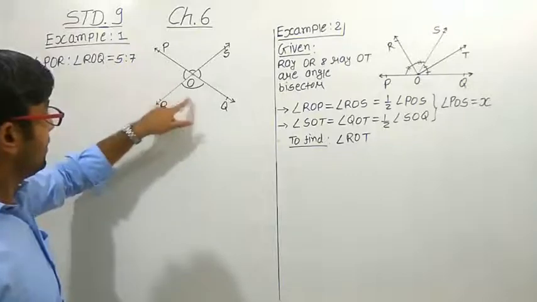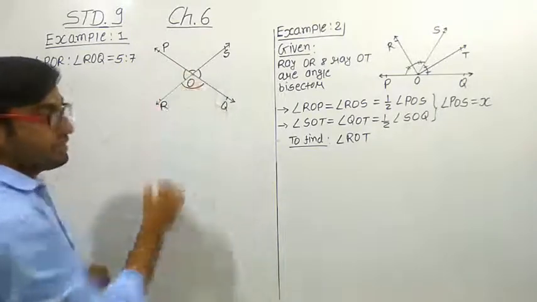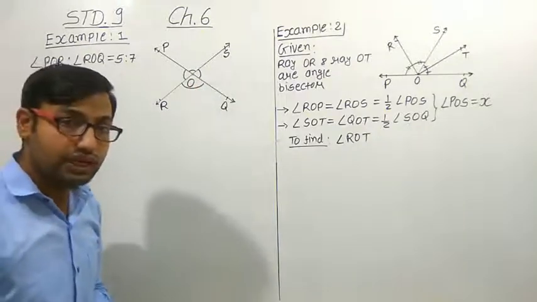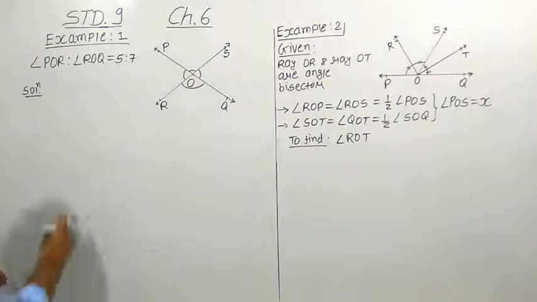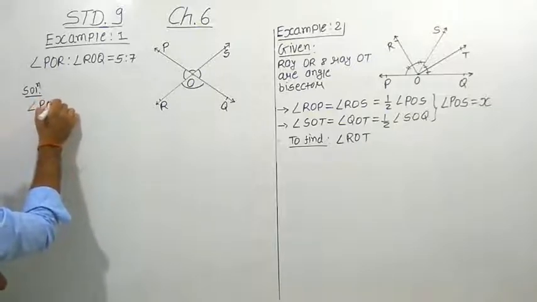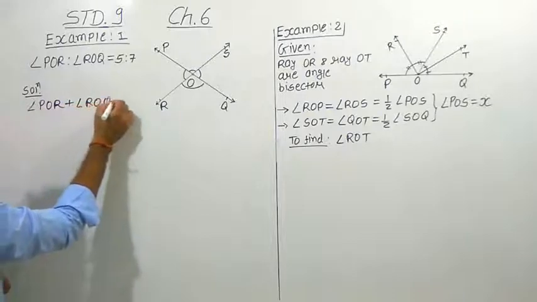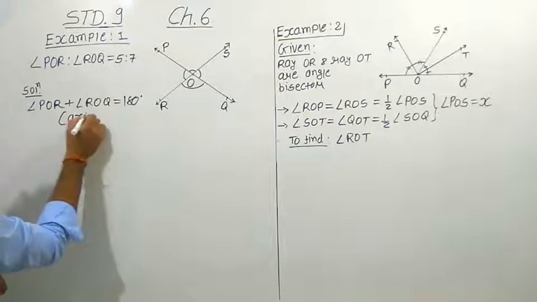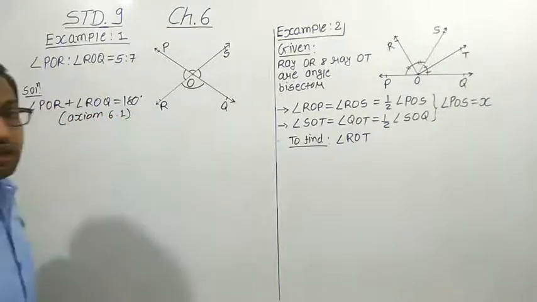See, this total angle is how much? We know that these two angles are adjacent angles, and that is why the total angle must be 180 degrees according to axiom 6.1. So here we can write angle POR plus angle ROQ is equal to 180 degrees according to axiom 6.1.